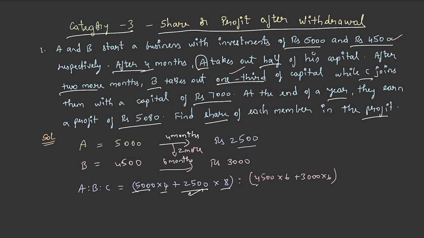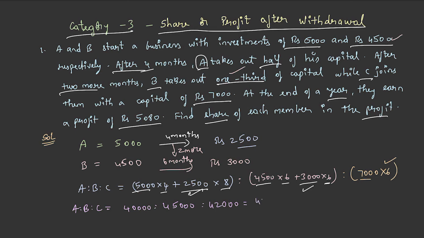B invested 4,500 for 6 months and took 1/3 of his capital, so it became 3,000, and invested this amount for the remaining 6 months. Finally, C joins them after 6 months, so 7,000 into 6. This is his investment and he joined 6 months later. Therefore, A : B : C becomes 40,000 : 45,000 : 42,000.